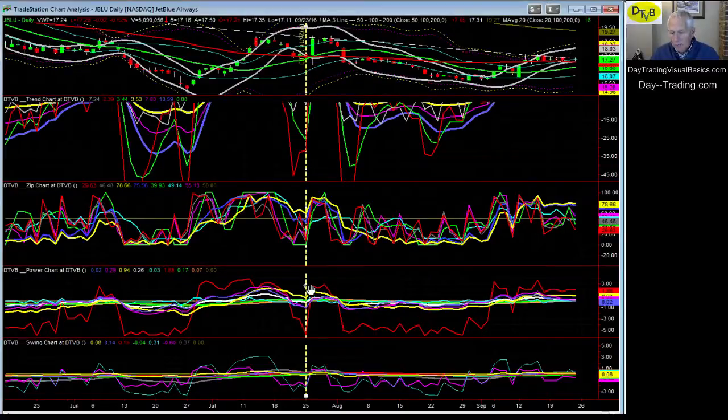The power red is at 5.81 on the yellow vertical line day, so it's almost at the very, very bottom. But this is a very interesting example of how the indicators can effectively be used in just many amazing ways.